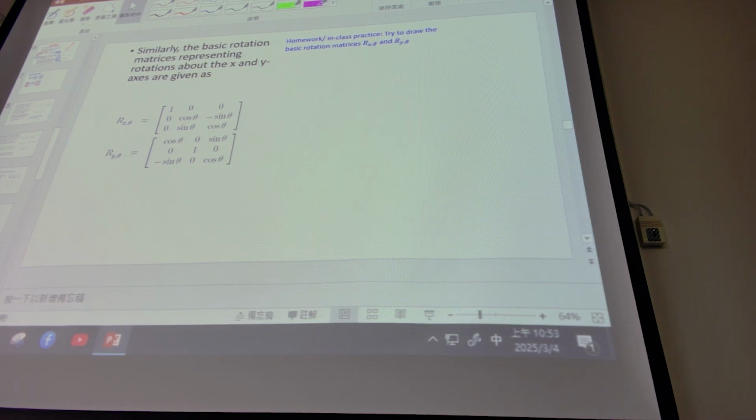Perpendicular is called 垂直. So you will have this type, then you will realize immediately, oh, this is for rotation with the x-axis. And of course, the type over here is a rotation with the y-axis.